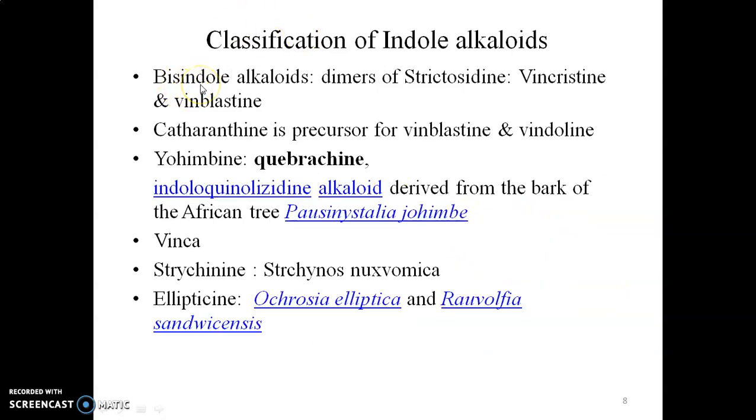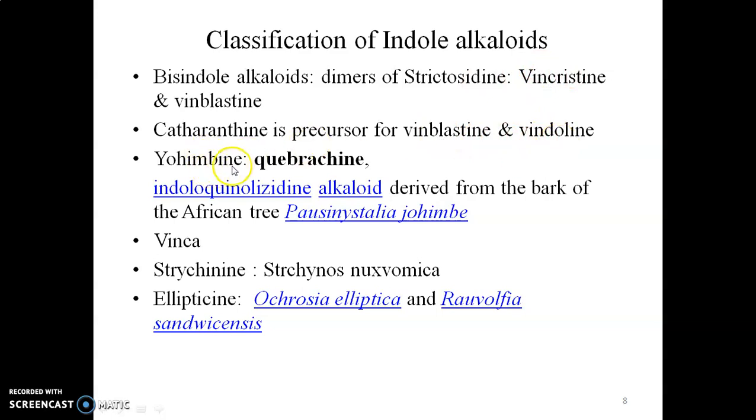Then we have bis-indole alkaloids. So these are the dimers of strictosidine with the examples vincristine and vinblastine. So catharanthine, it is the precursor for vinblastine and vindoline.